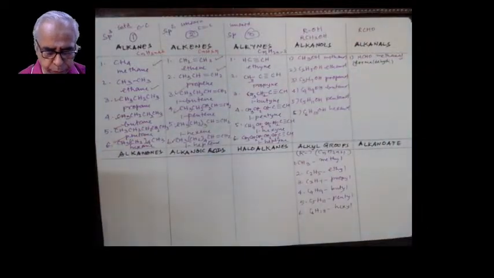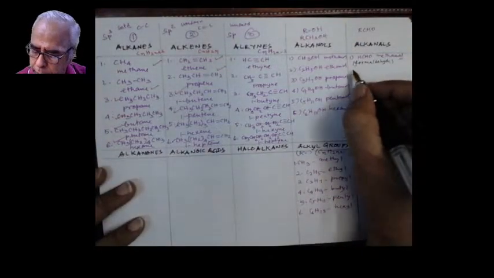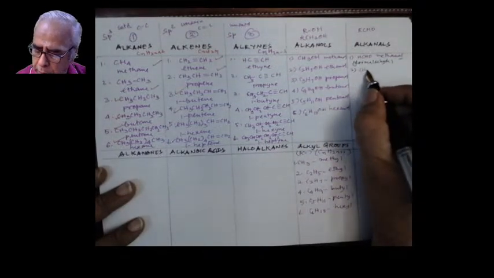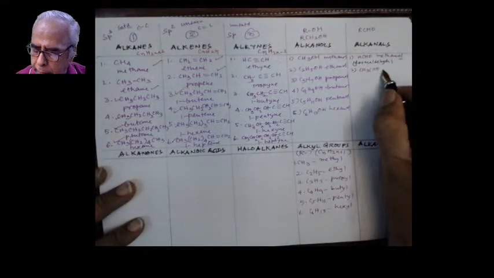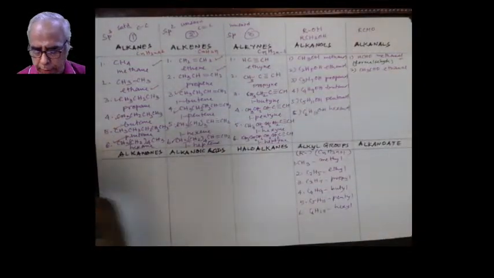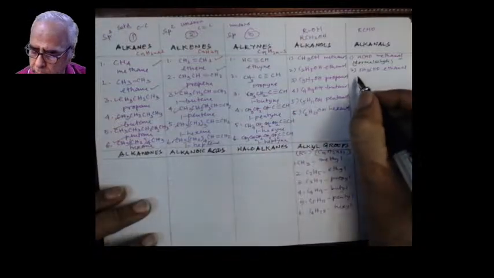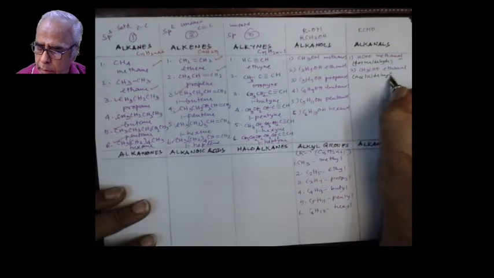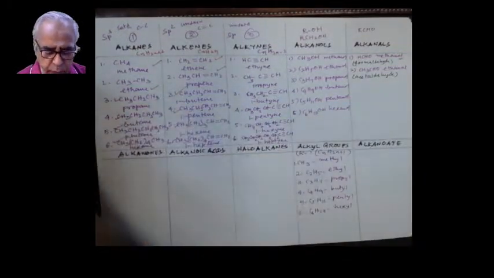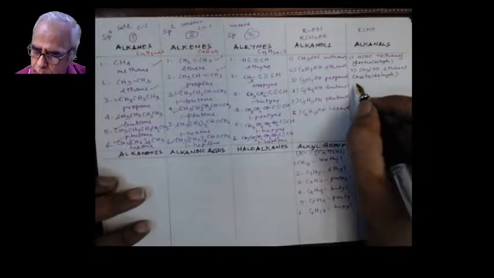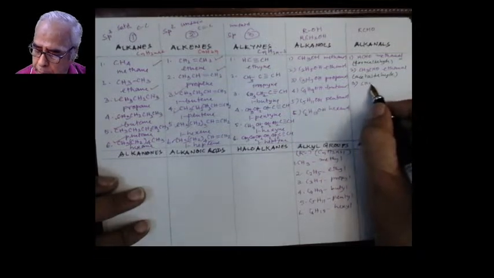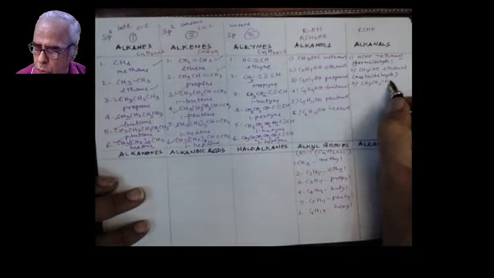It is a classic name. And similarly we have ethanal, CH3CHO, ethanal. And this can be called acetaldehyde. And we have the third one, propanal, CH3CH2CHO.